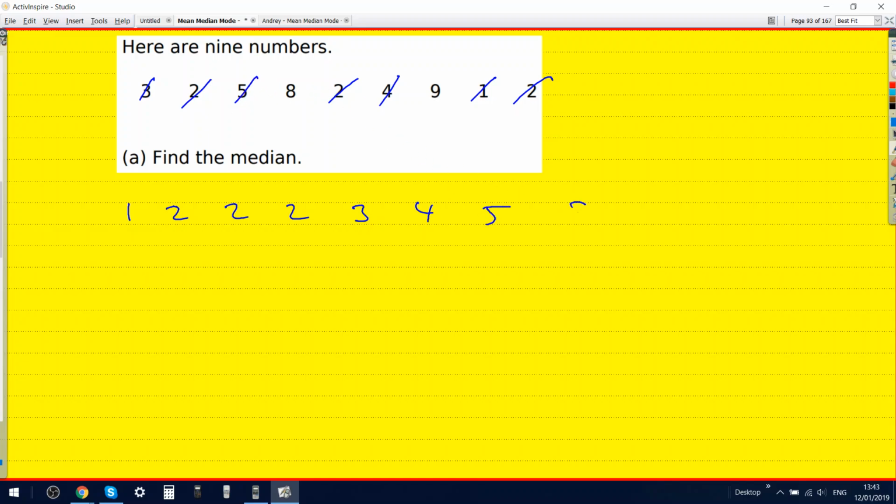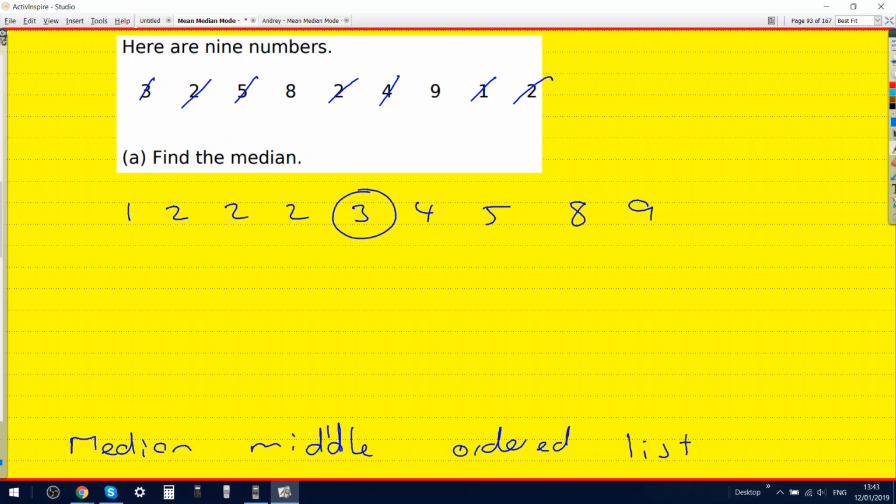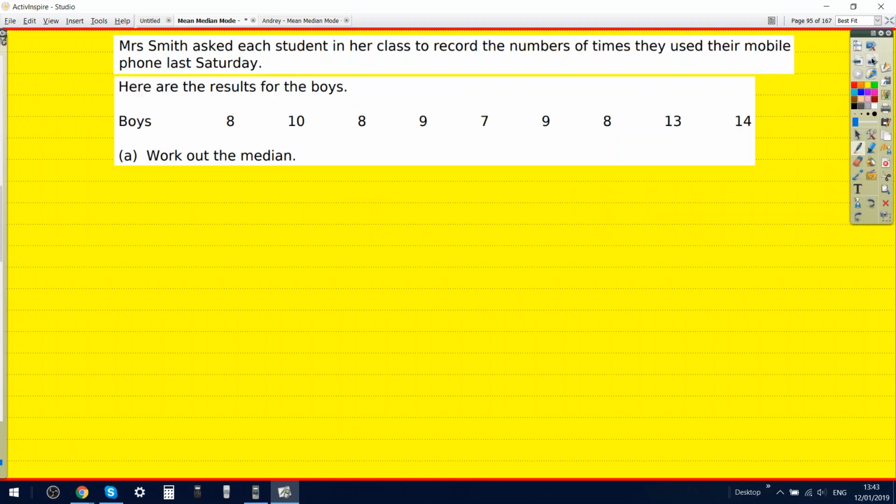And so the median is the middle number of an ordered list. What's the median for these? 3. Yes. So it's the middle of an ordered list, smallest to biggest or biggest to smallest.